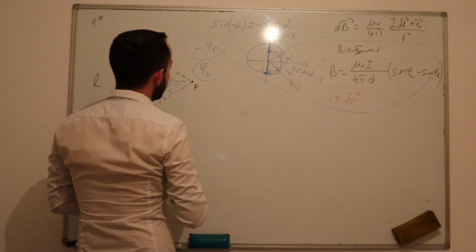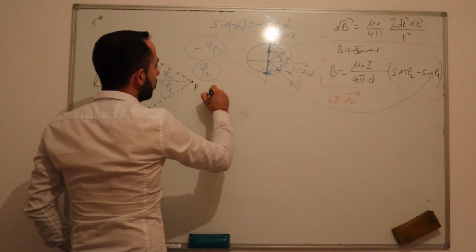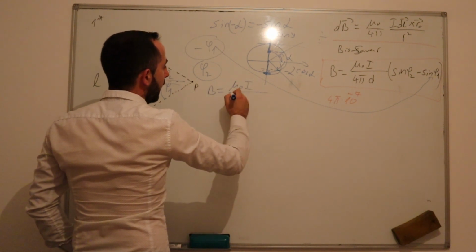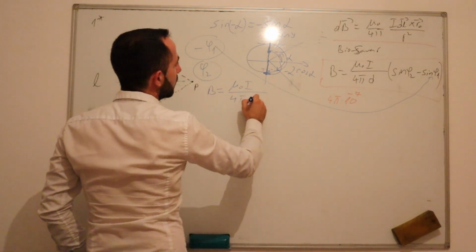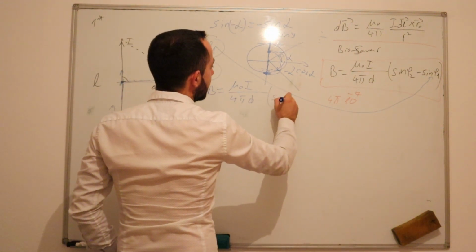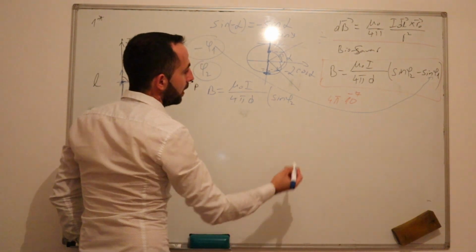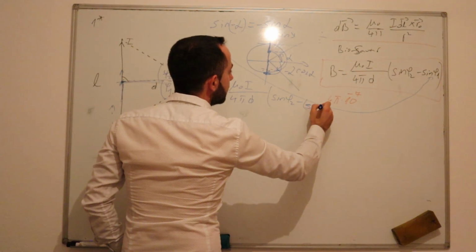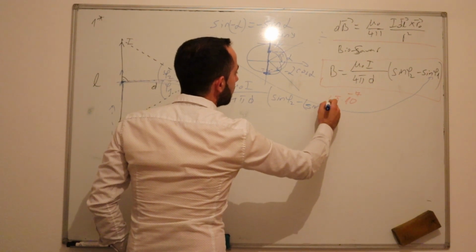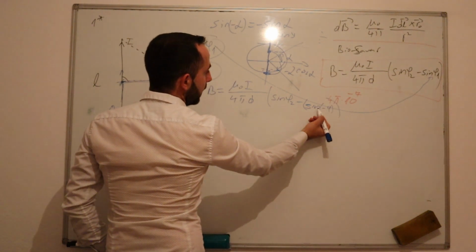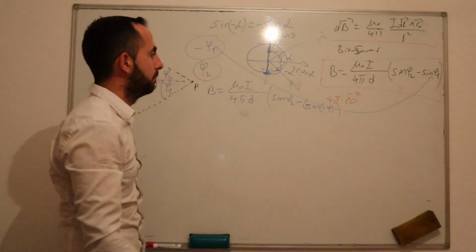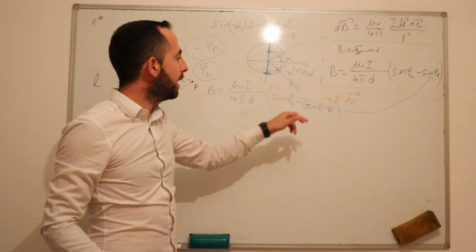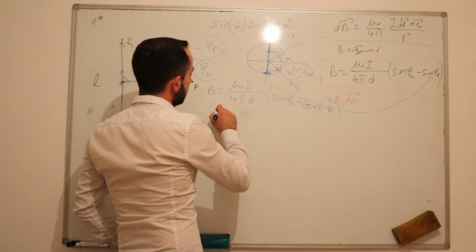So, our Biot-Savart law for this case would be that B equals mu0 I over 4 pi d times sine phi2 minus sine of minus phi1. We already said that minus sine of minus phi1 is actually minus minus sine, and this minus gives a plus sine.